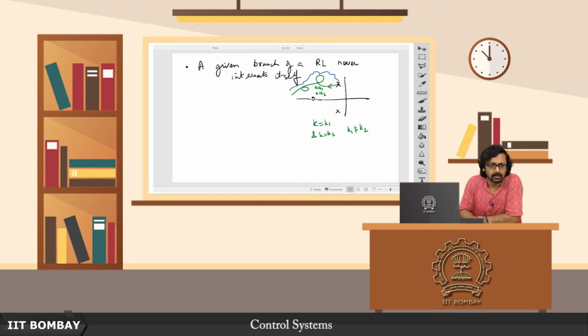Go back many slides, maybe I'll just draw it here again. How do we after all evaluate this k? Once you have found that a particular point on the complex plane qualifies as a point on the root locus, we take all these poles and zeros and draw the lengths, so we draw these lines from all these poles and zeros to this point on the root locus.